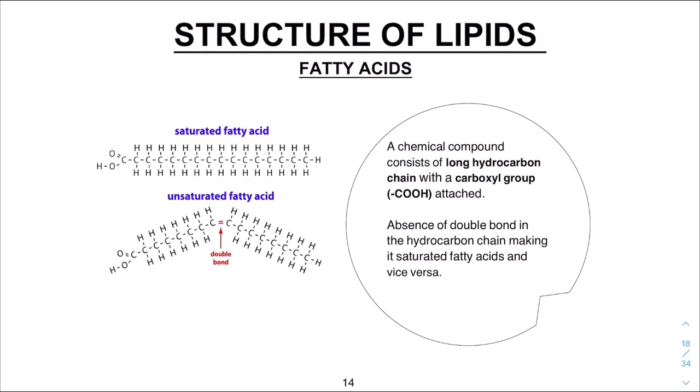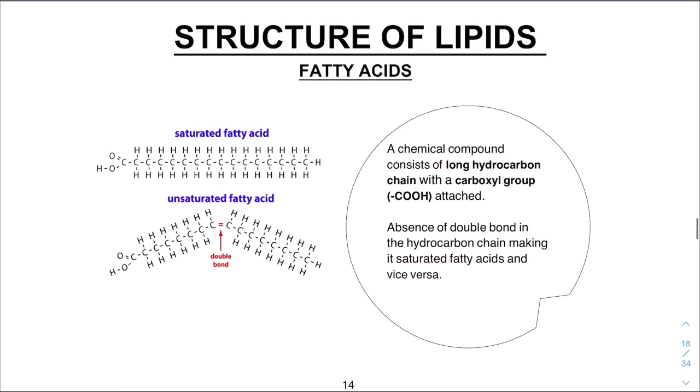There are 2 types of fatty acid, which are saturated fatty acid and unsaturated fatty acid. Saturated fatty acid ni, kalau kita tengok dia punya hydrocarbon chain, it consists of only carbon-carbon single bonds.